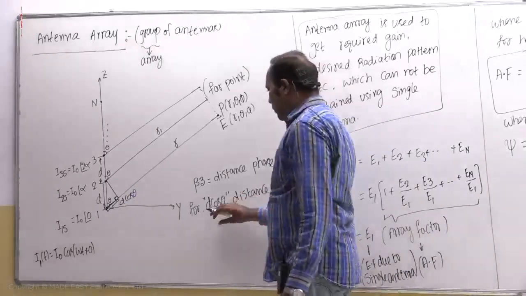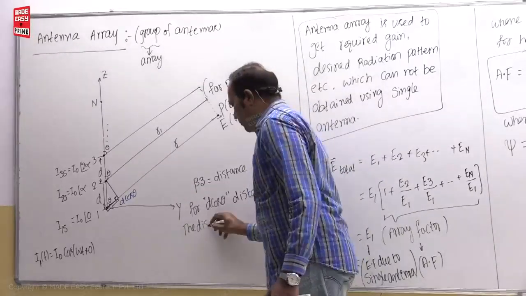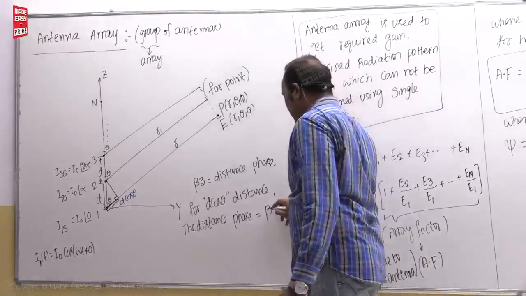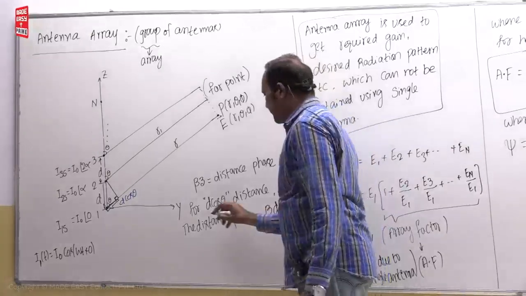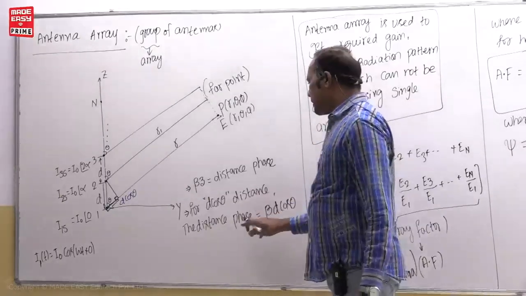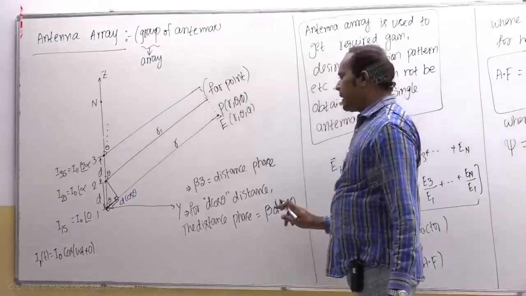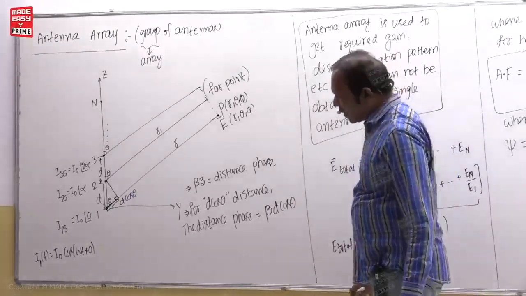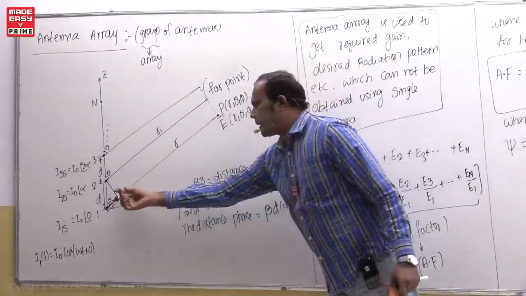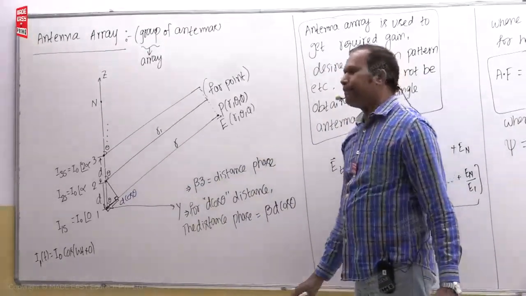For d cos theta distance, the distance phase is equal to beta into d cos theta. Okay, this is another statement. This is the first statement, this is the second statement. For d cos theta distance, the distance phase is equal to beta into z actually. So here z is d cos theta. Now, because of distance change between the second antenna element and the first antenna element, the phase difference is beta d cos theta, students.